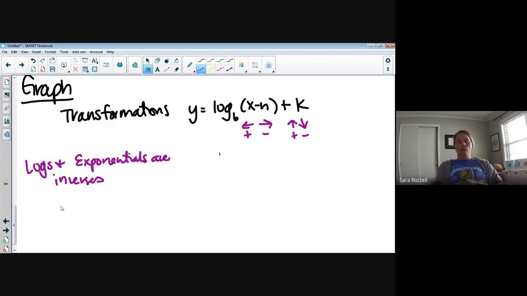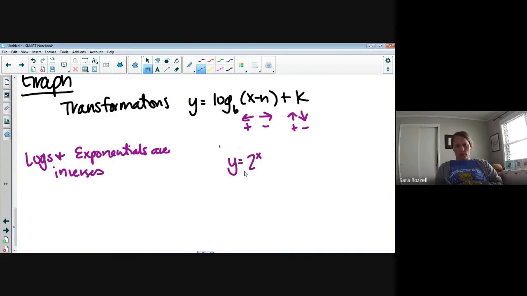To graph that, we want to start out by just graphing 2 to the x, and we'll swap our x and our y values. Or we'll make a table for that. That's fine. Or we could just do these 2 tables on the side. So we're going to start with this, and we're going to end up being able to graph our log base 2 of x.